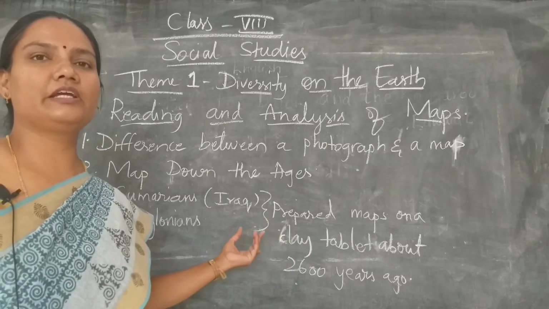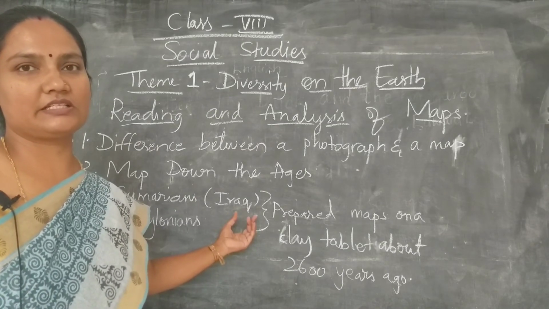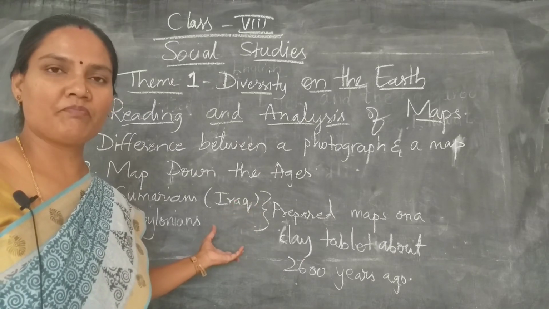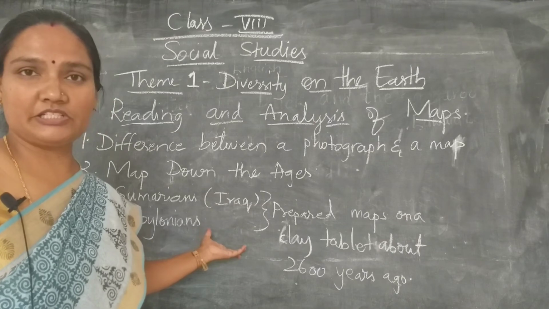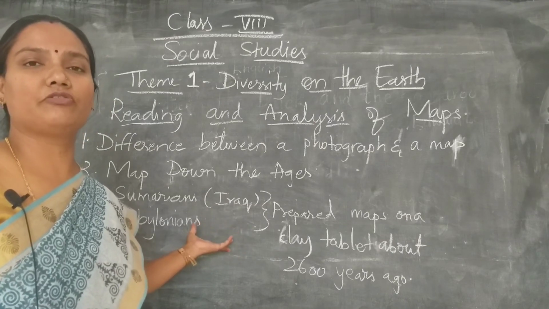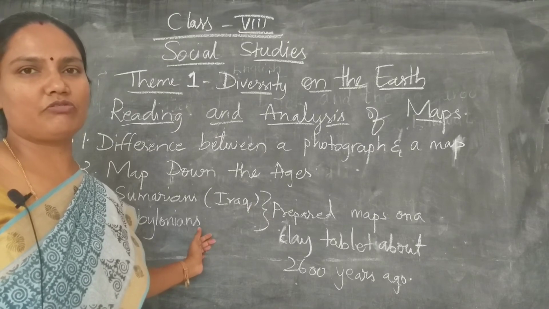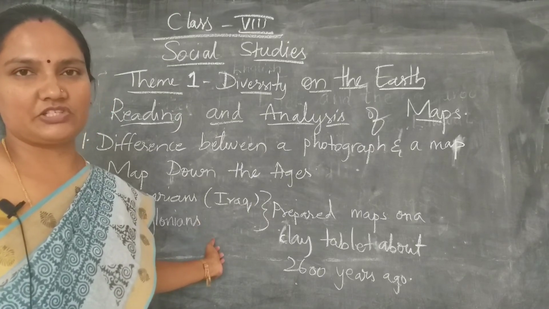Later many Greek map makers like Anaximander, Hecataeus, Ptolemy showed a lot of interest in map making, and they did research and expeditions, and prepared many new types of maps. About that we will study in the next class, children.